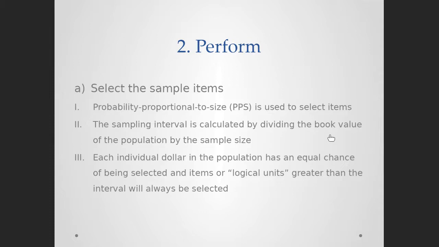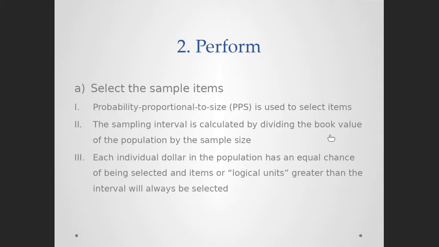Let's say both of these are available to you. The population book value is the entire balance. So let's say you have accounts receivable. The entire accounts receivable balance is 300,000, or you have inventory, the entire inventory balance is 300,000. So that's what we mean by population book value. So we have 300,000, the sample size is 100.